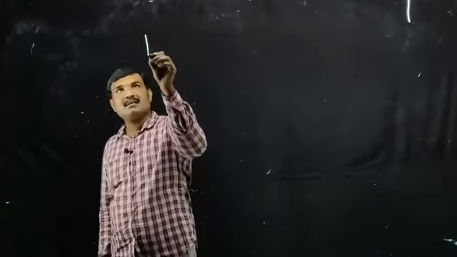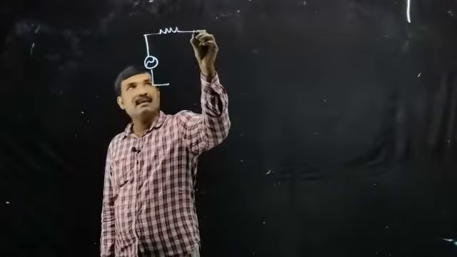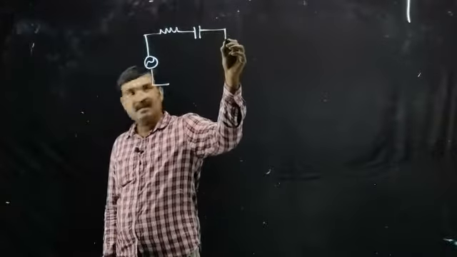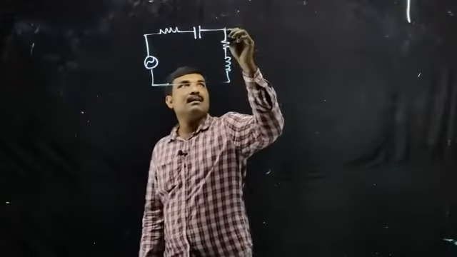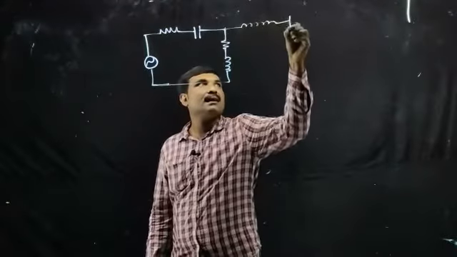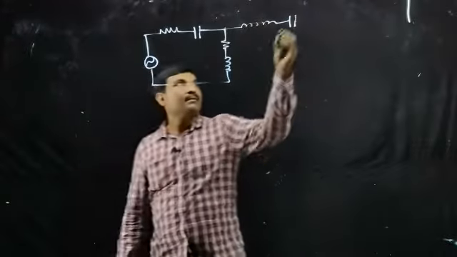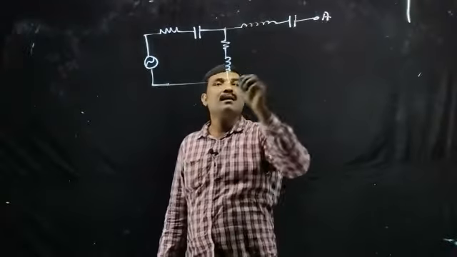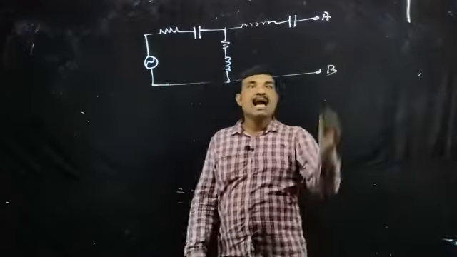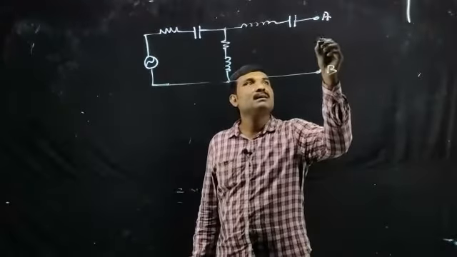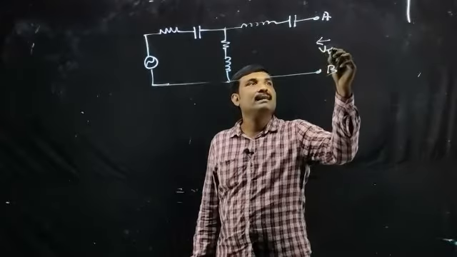So consider the circuit which consists of an AC source, then we have a resistance, a capacitance, here a resistance, an inductance, then an inductance and capacitor, right? This is our terminal AB, and we need to determine the value of Thevenin's voltage and Thevenin's impedance with respect to this terminal. This is VTH, right?